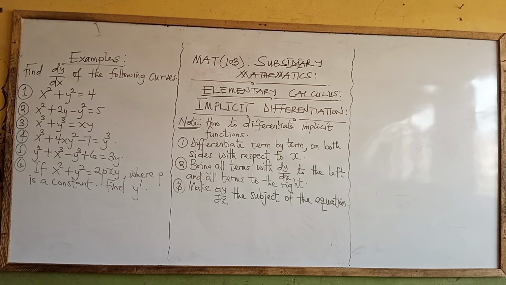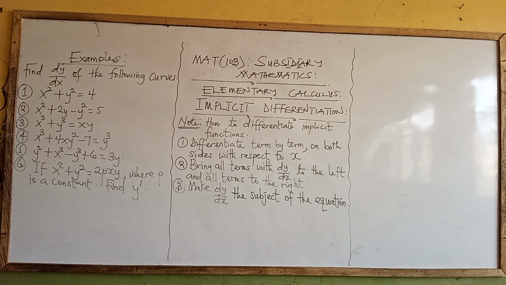Question 5, y squared plus x cubed minus y cubed plus 6 equals 3y. Last, question 6, if x squared plus y squared equals 2pxy, where p is a constant, find y prime.